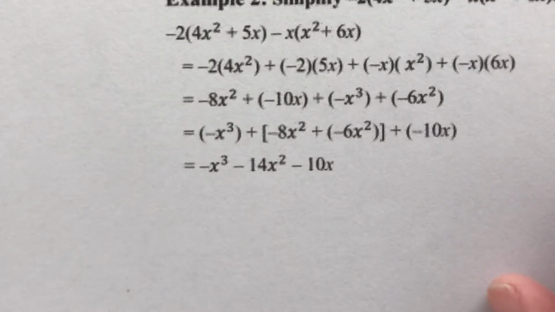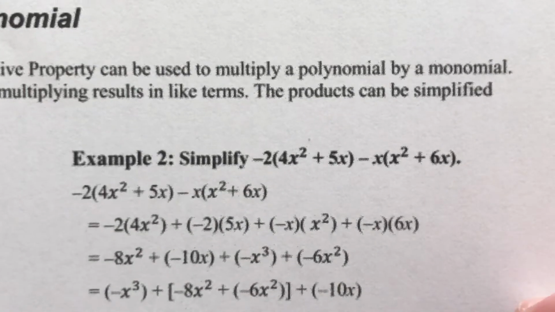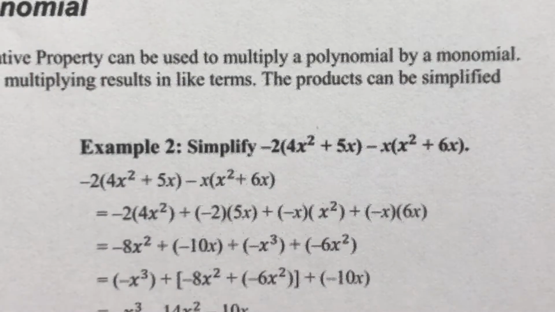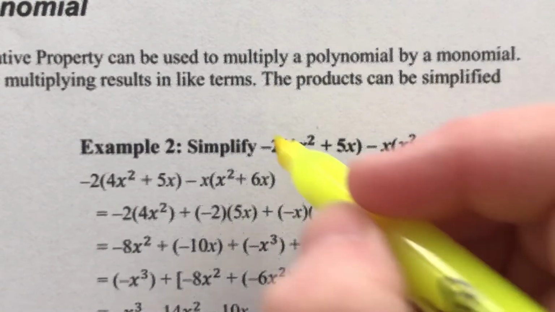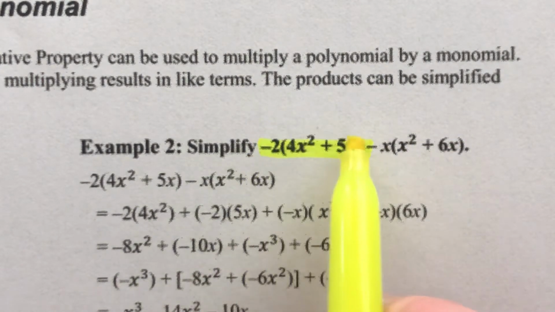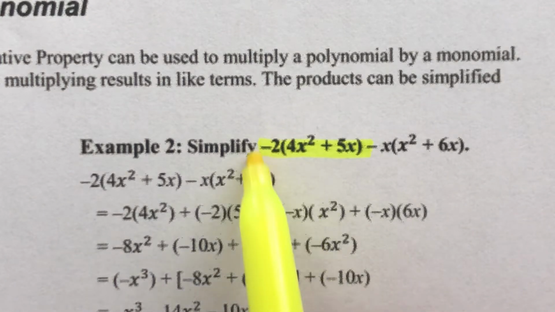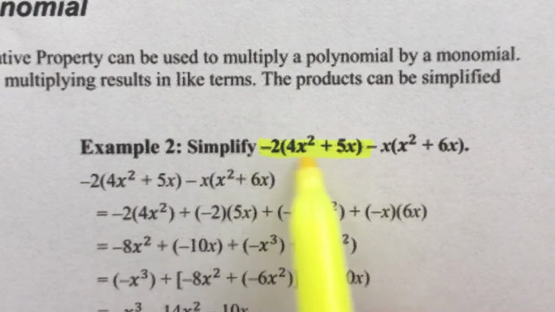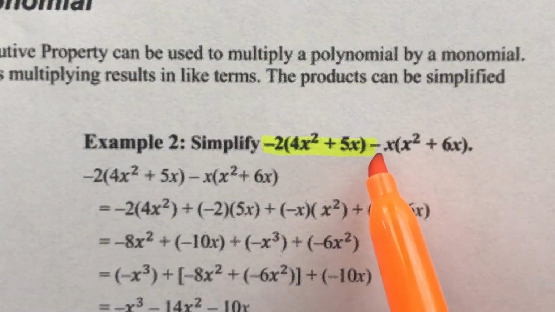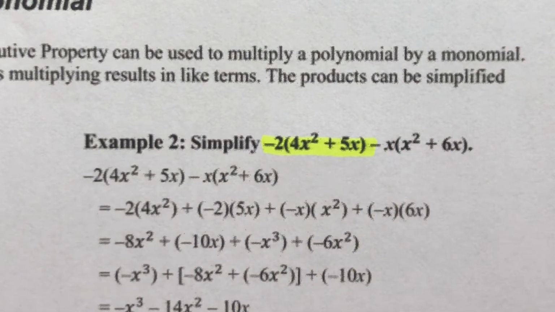If you have a problem with more than one polynomial and monomial being multiplied. So for instance, here I have this negative 2 being multiplied by each term inside parentheses. So this monomial is being multiplied by this binomial. And then I have minus, so everything behind the minus sign is a different term.